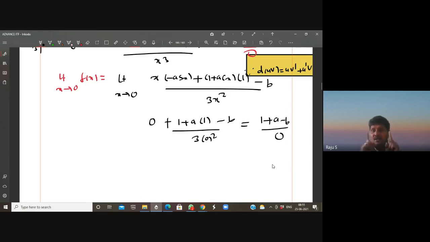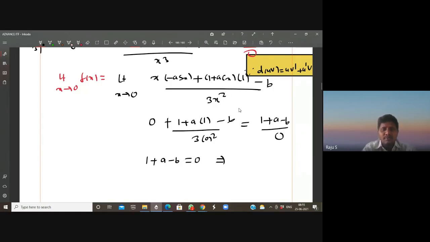So remember that in continuity, the limit should not be infinite. I told you very clearly, it should not be infinity. The limit value is always finite, but here we are getting infinity. But we can say the limit exists if the numerator is also 0. If I take 1 plus a minus b is equal to 0, then we are going to get 0 by 0 form.